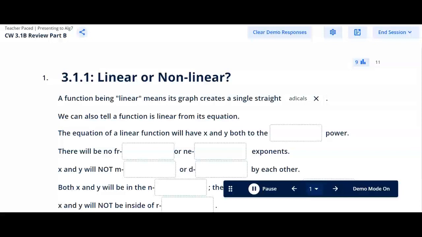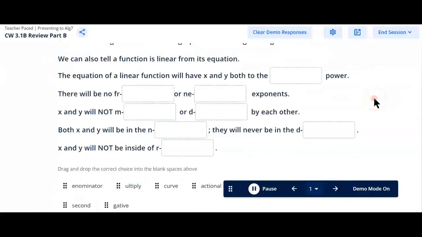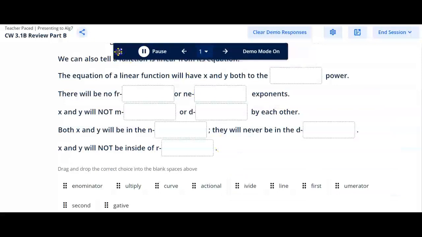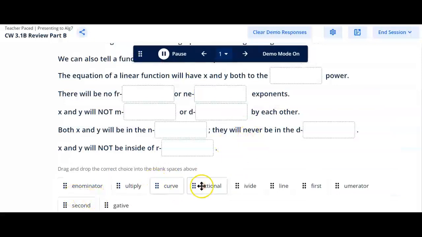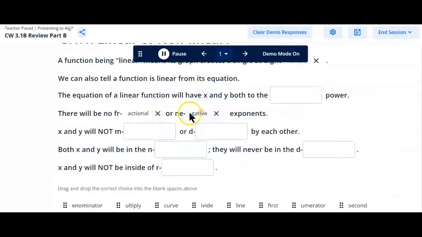We are struggling a little bit with fraction words, so just to review. When we're dealing with linear functions, there'll be no fractional or negative exponents, no fractional or negative exponents.